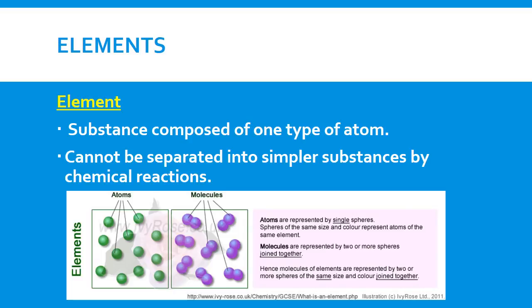Now this is a distinguishing feature between elements and compounds, because compounds can be broken down into simpler substances by chemical means, whereas an element cannot be broken down into simpler substances. So we cannot break it down into other atoms. The simplest form we have here are the atoms of one type of element.